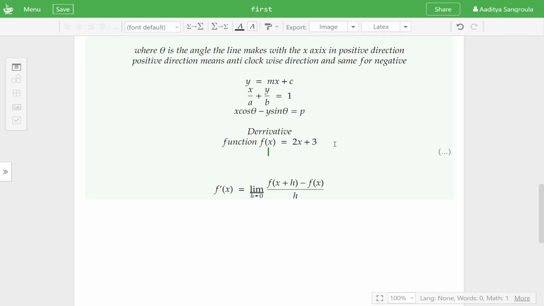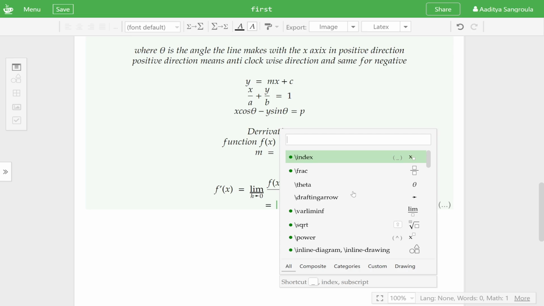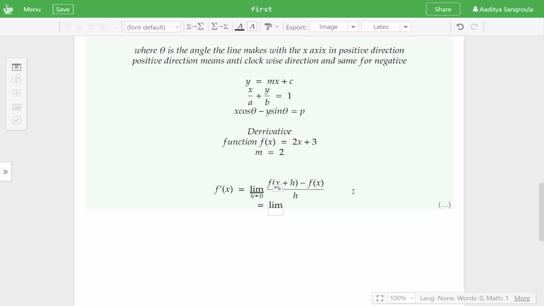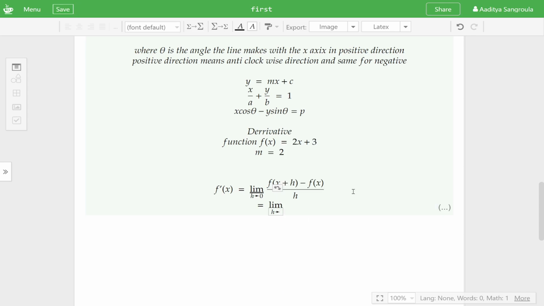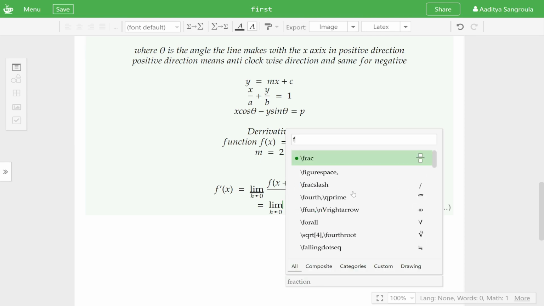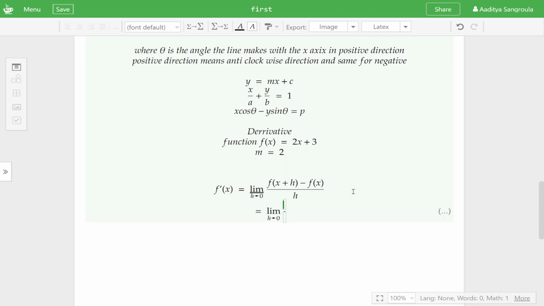Now if we have a function, let's say f of x is equal to 2x plus 3, then using normal ways, f of x equals mx plus c, so m is equal to 2, right? Now let's use this formula for calculating the same slope. So we use the limit as h approaches 0 of f of x plus h.